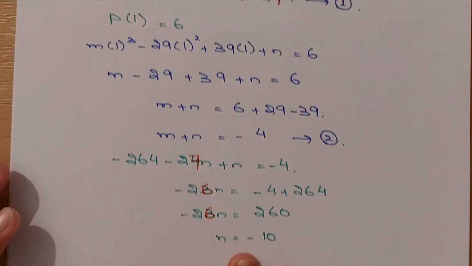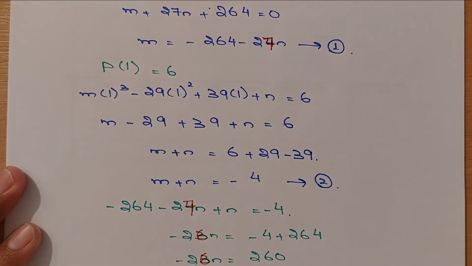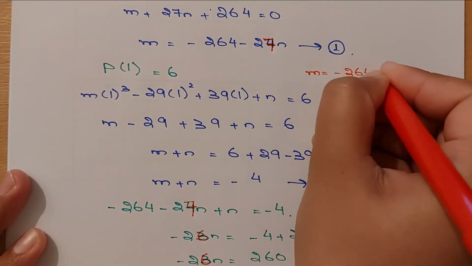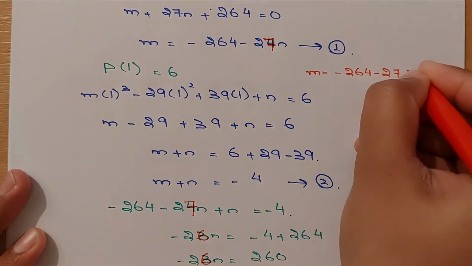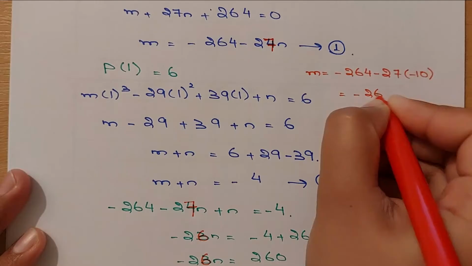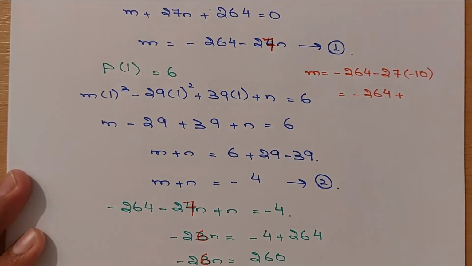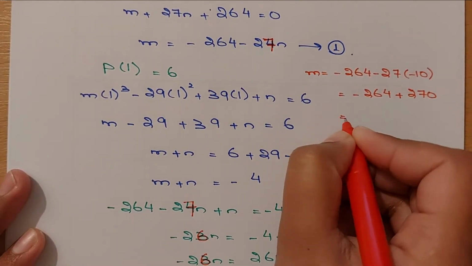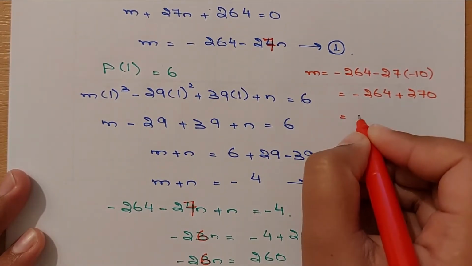Now substituting this n value over here, we will get the m value. So m is equal to minus 264 minus 27 times minus 10, right? So this is minus 264, minus times minus is plus 270, yes. Okay, from 270 take away 264, that is 6.